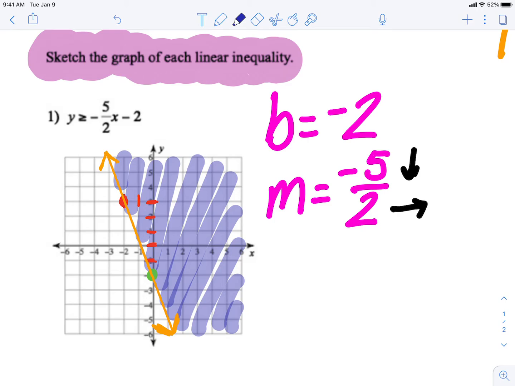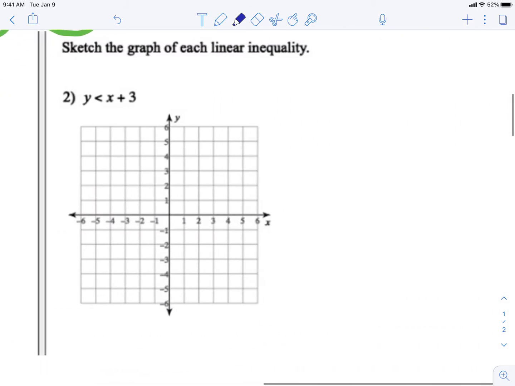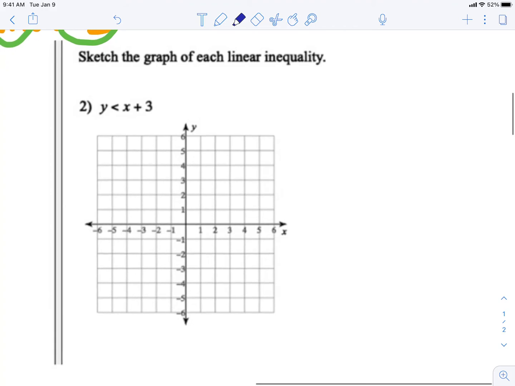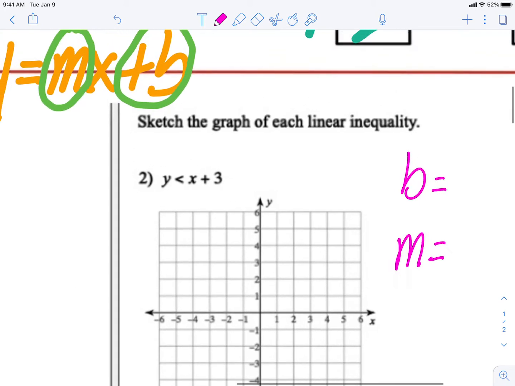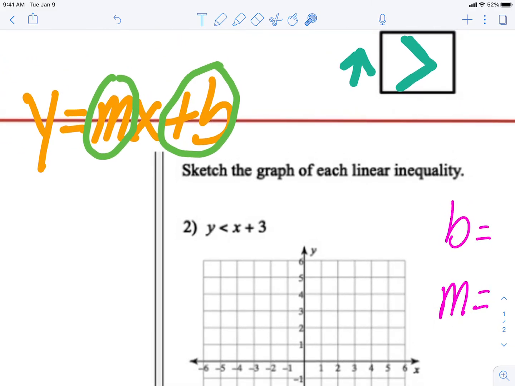All right, let's take a look at the second example. So, same steps. I'm going to identify my b first and my m second. So my b is the last number in my equation when I have y equals 2, right?